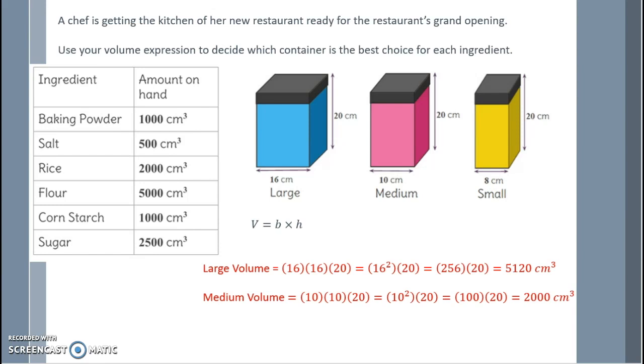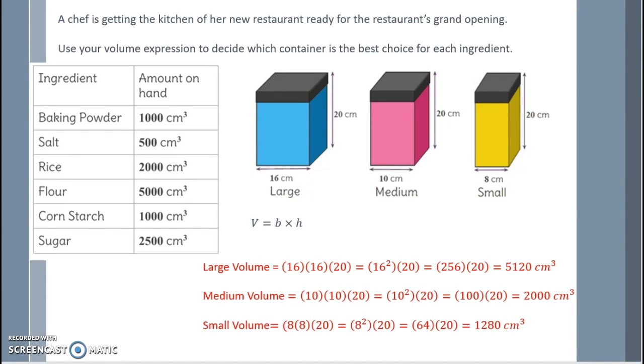The medium will be 10 times 10 times 20, or 10 squared times 20, which is 100 times 20, so 2,000 centimeters cubed. And then the small one is 8 times 8 times 20, or 8 squared times 20, giving us 64 times 20, so 1,280.